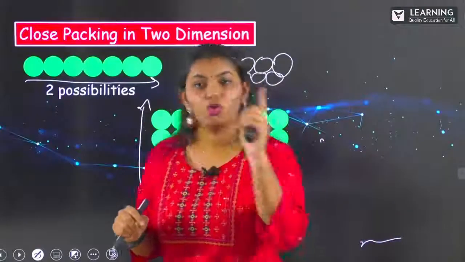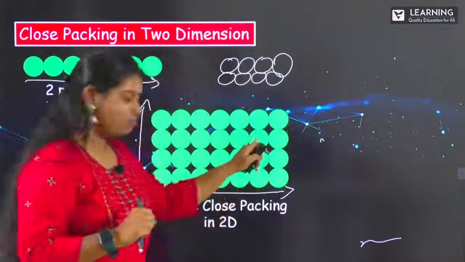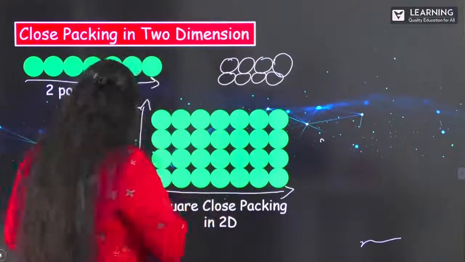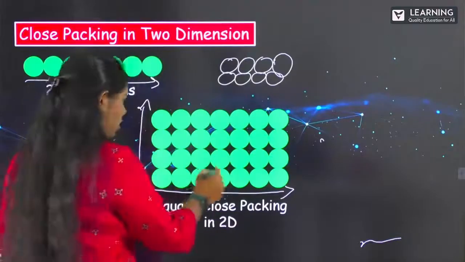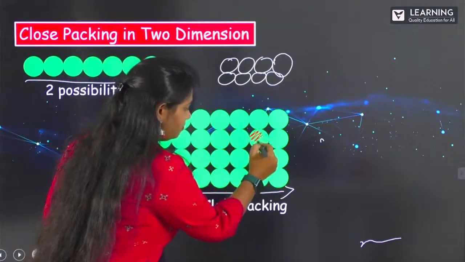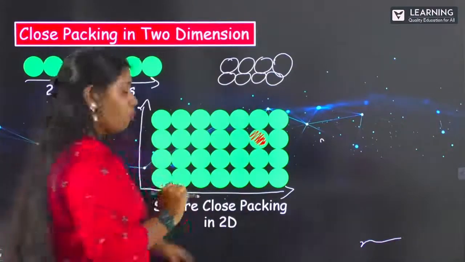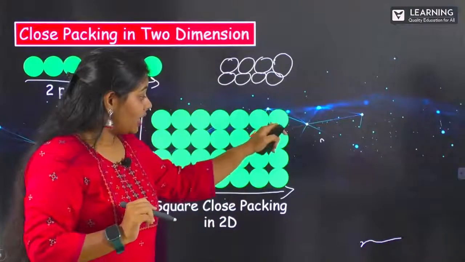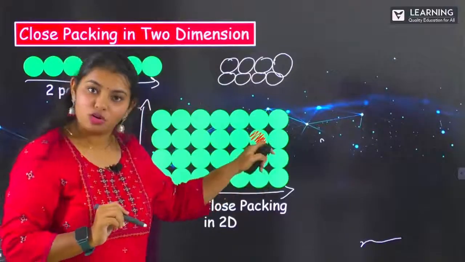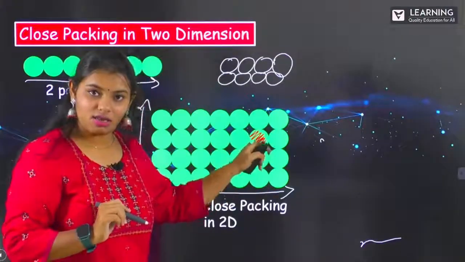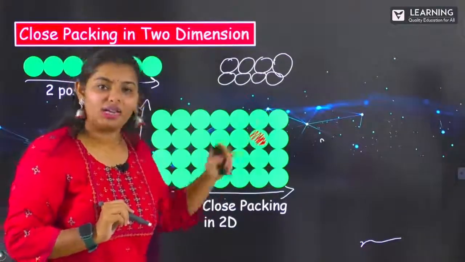If we take any one of the particles, as I told, imagine this is the particle. Now what I will do is look at the surrounding particles. Inside, surrounding this red color particle, what are the particles that are there?